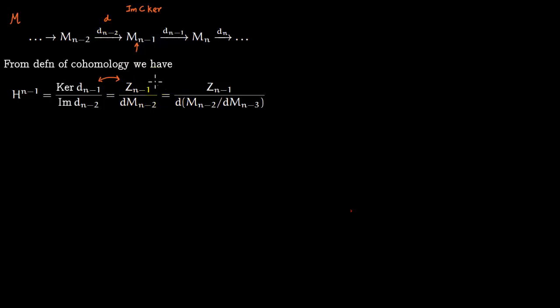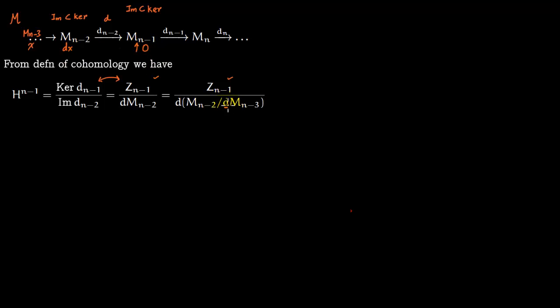Now copy the numerator as such. For the denominator, notice that we have put this additional term d M n minus 3. That is because M n minus 3 is right here. You take an element x here, it maps to dx here, and since the image here lies in the kernel of the next map, when you apply this map d to it, this becomes 0.